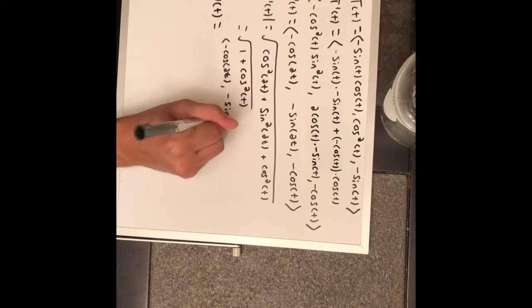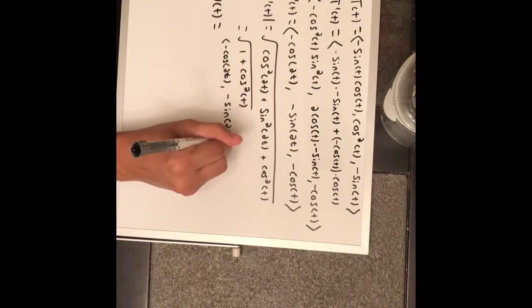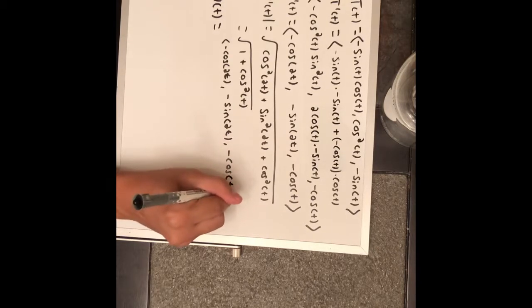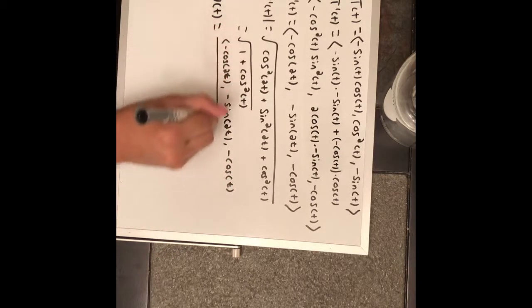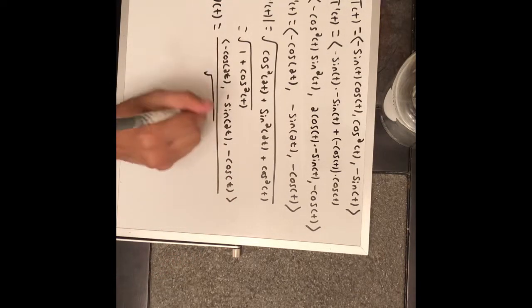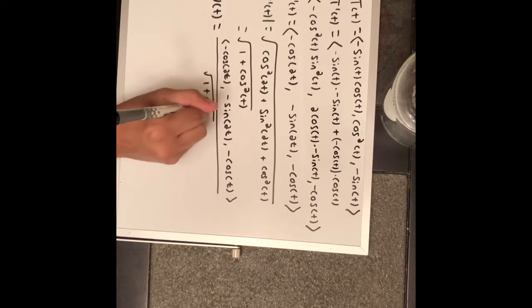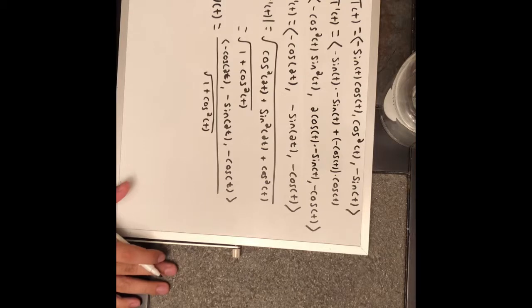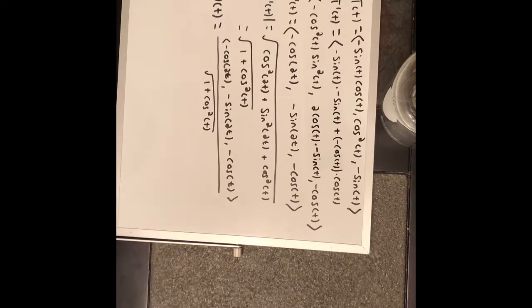Negative sine 2t and negative cosine of t, all divided by square root of 1 plus cosine squared of t. Okay. So now we have the normal vector of t.